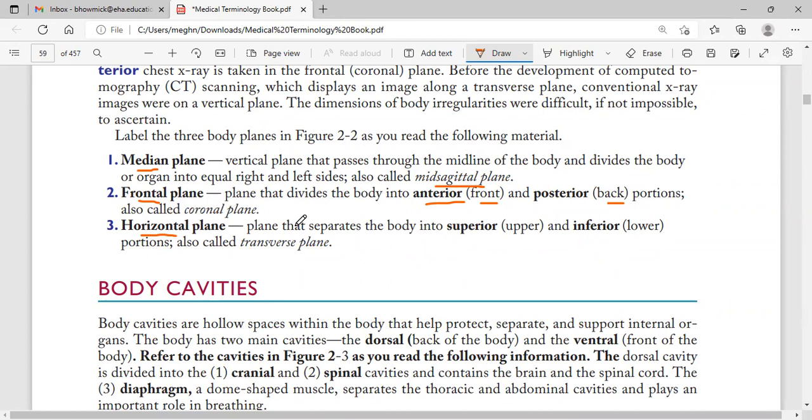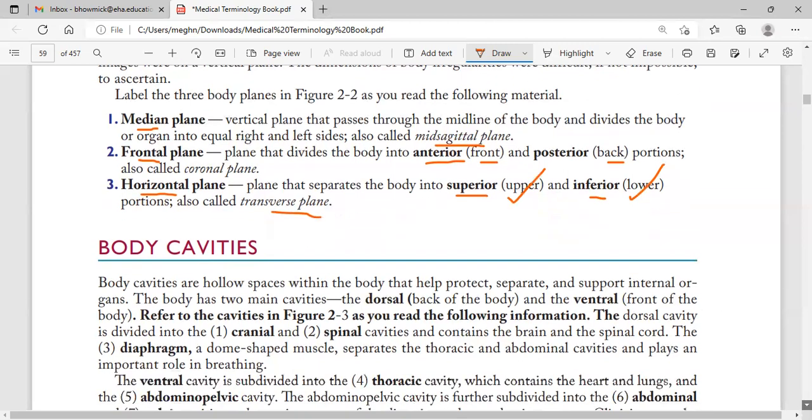The horizontal plane separates the body into superior and inferior. Superior is upper, inferior is lower, right? The horizontal plane is also called the transverse plane.